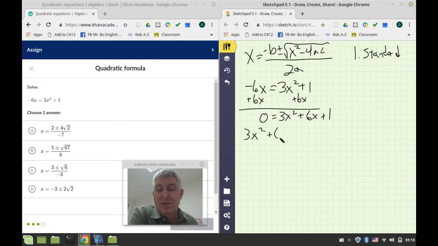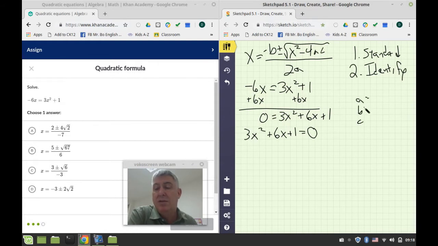You don't have to do this. But for anyone who's a little not sure, take some time, put it back over here, so that when you get to step 2, what is it? Identify. What are we identifying? We identify A, B, and C. A is 3, B is 6, and C is 1.